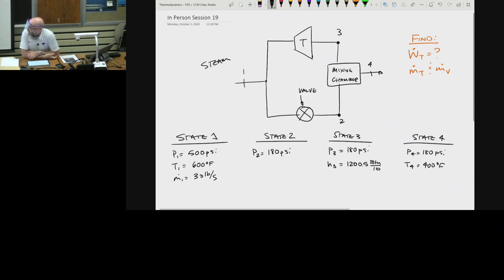This is a real, typical problem that you'll have, a situation like this in a power plant, where sometimes you don't want to run the full load of steam into the turbine. You're going to bypass it with a valve. If we close this valve completely, all the flow coming in goes to the turbine and produces power.